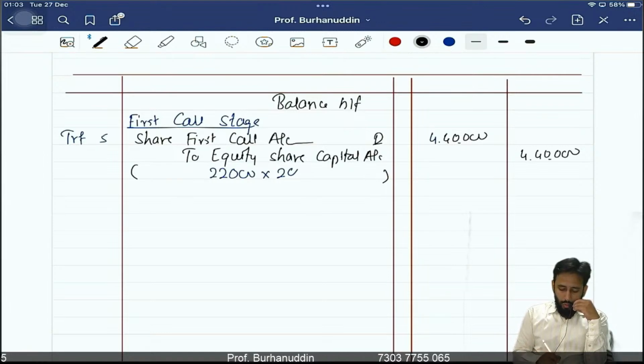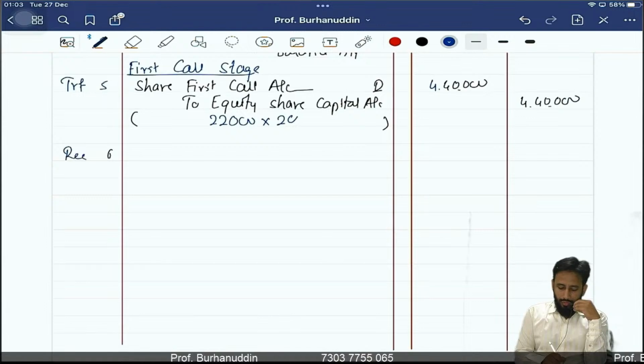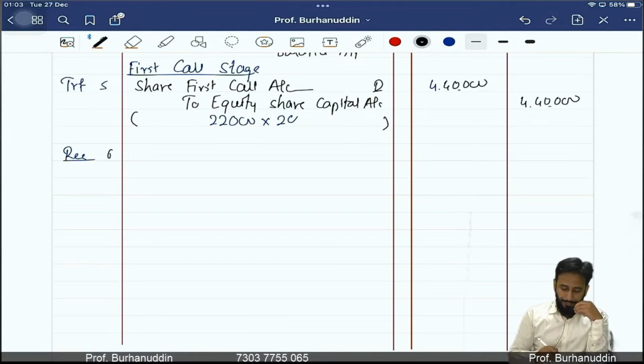Things have become monotonous, guys. I am going to pass the receipt entry now. So the entry will be your bank account debit to share first call account.